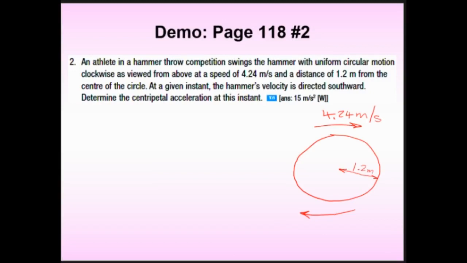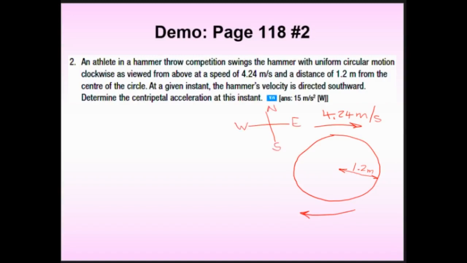Okay, what's the question? At a given instant, the hammer's velocity is directed south. Okay, we're looking above. If you're looking above, which way is north? Yeah, exactly. So technically, geographically speaking, north, east, west, south. So go ahead and just make a quick grid here. North, east, west, south.